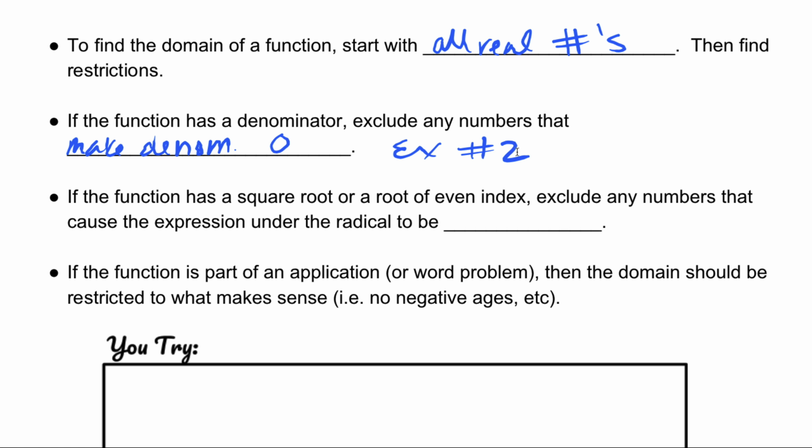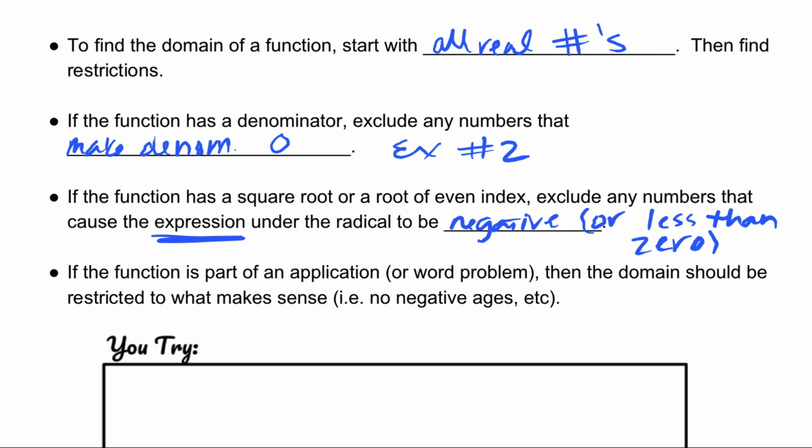Another thing that we will see are square roots. And we want to exclude any numbers that cause the expression under the radical, not necessarily the x, and we'll look at more examples in the next video about this, the expression under the radical to be negative, or you might say less than 0. We don't want it to be less than 0.